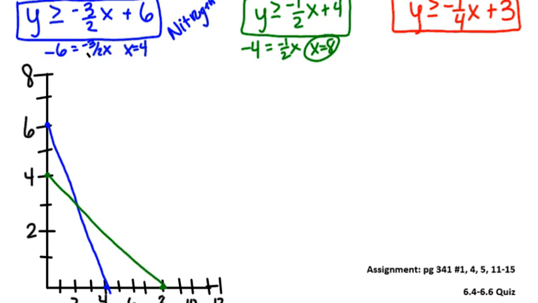And our red inequality has a y-intercept of 3. An x-intercept, so negative 3. Multiplying both sides by 4. I have an x-intercept of 12. And connecting those with a solid line.